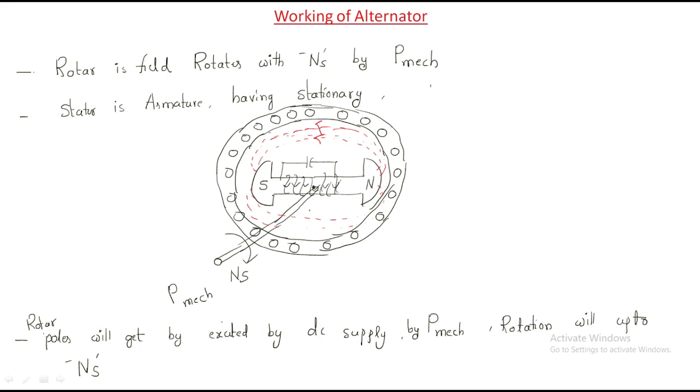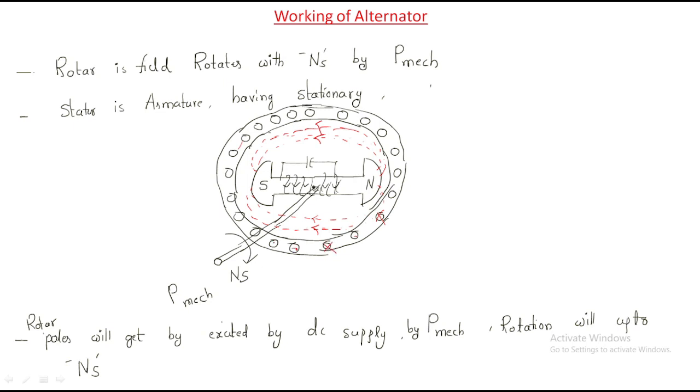So by the rotation, these flux lines will enter into the conductors. Understand? We have a flux and the flux rotates with the synchronous speed, then the flux cuts the conductors. That means by Faraday's law of electromagnetic induction, the EMF will be induced.